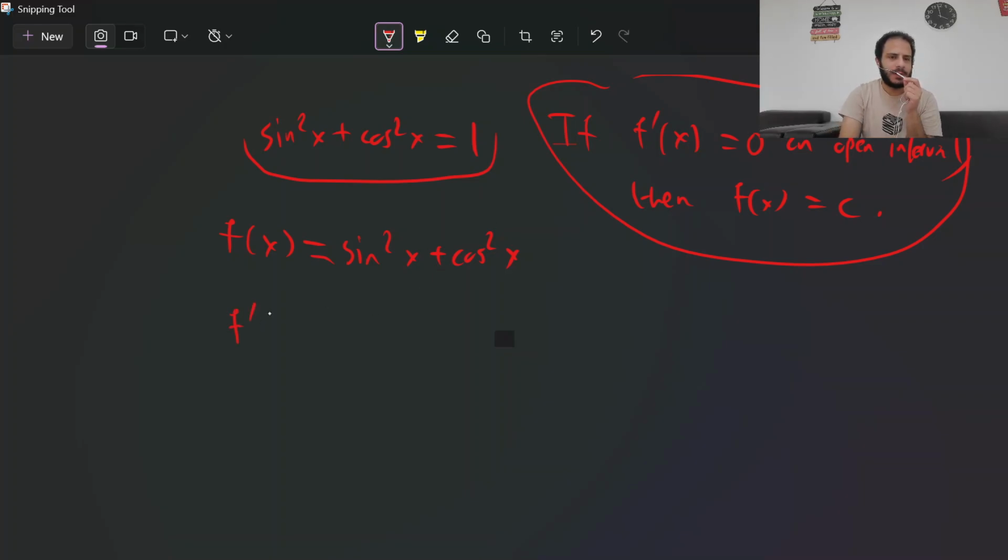What's the derivative of this? Two sine x cosine x, right? Plus, using the chain rule, right? So 2 cosine x, what's the derivative of cosine x? Minus sine x. What's the result of the derivative? 0, right? Yes.